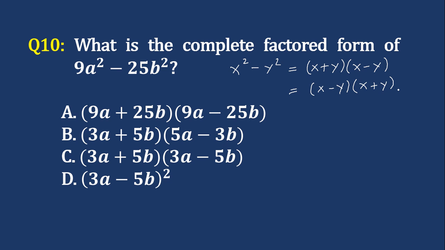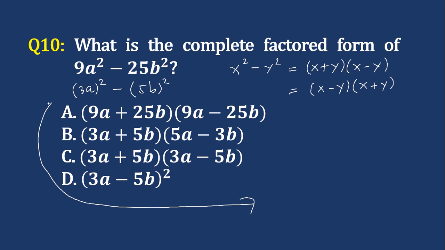So 9a squared is the same as 3a squared, and 25b squared is the same as 5b squared. So our x here is 3a, our y here is 5b. So let me write this one here, it can be factored into 3a plus 5b times 3a minus 5b.